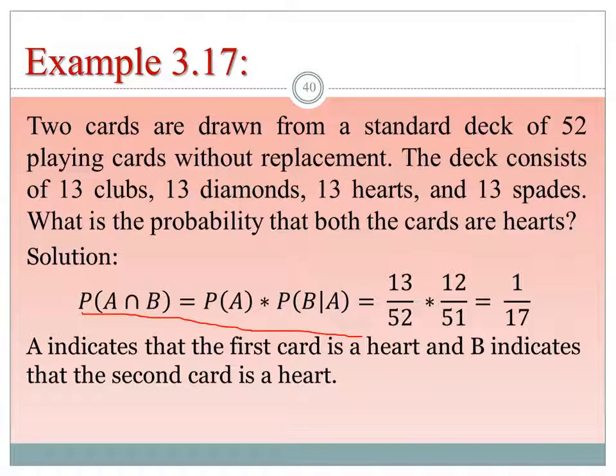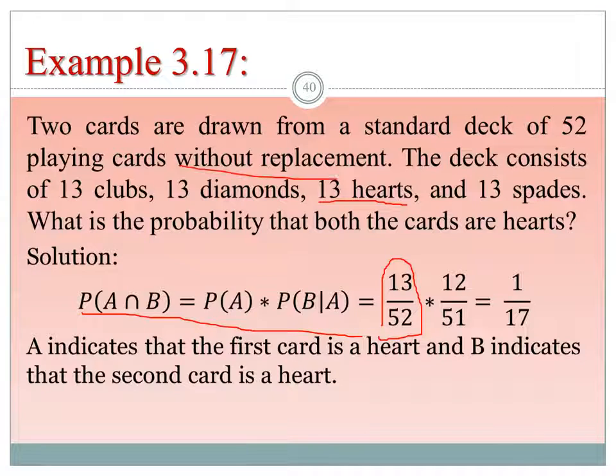So we can write the probability of A, that the first selected card is a heart. In total we have 52 cards, and in the 52 cards there are 13 hearts, so the probability of A is 13 divided by 52. Then multiply by the probability of B given A, that is, the probability that the second selected card is a heart given that the first selected was a heart.